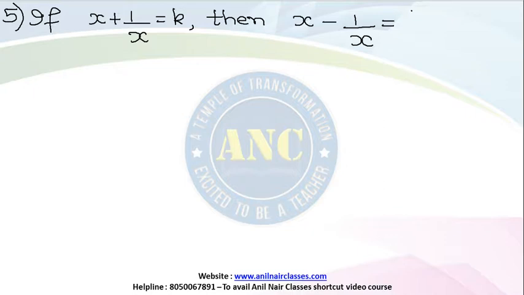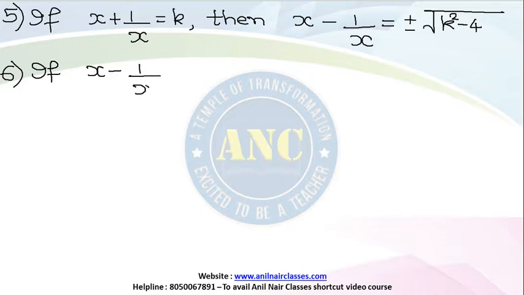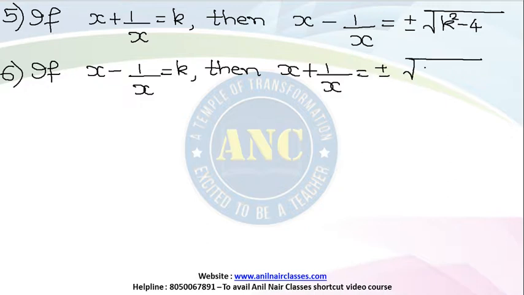This is equal to plus or minus square root of k square minus 4, right? And there is another reverse of it. If x minus 1 by x is k, then I will find the reverse, x plus 1 by x. x plus 1 by x will be equal to plus or minus square root of k square plus 4, right?